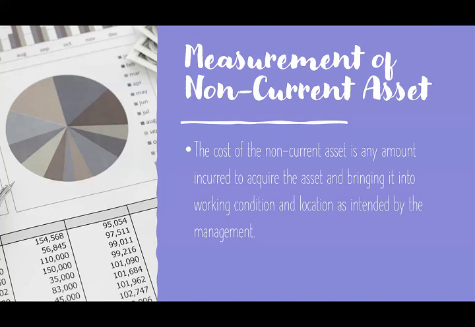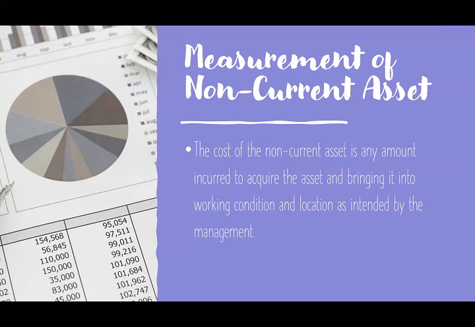And that amount is the measurement of non-current asset, which as per IAS 16, has to be done at its cost. Now, cost is defined as all the amount which has been incurred to bring that non-current asset, let's say machinery, to its condition and its location as the management wanted.